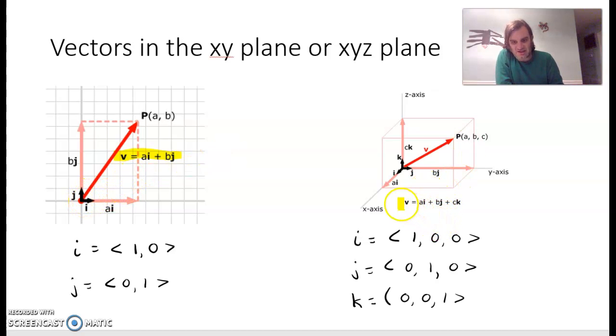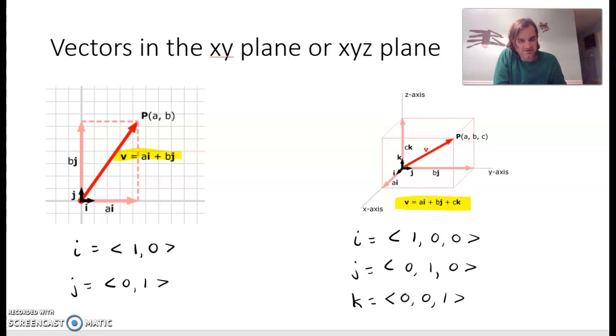And then if we have a three-dimensional XYZ plane, we have I going in the X direction, J going in the Y direction, and K going in the Z direction. So we're pretty familiar with that and writing our vectors as linear combinations in the XY or XYZ plane.